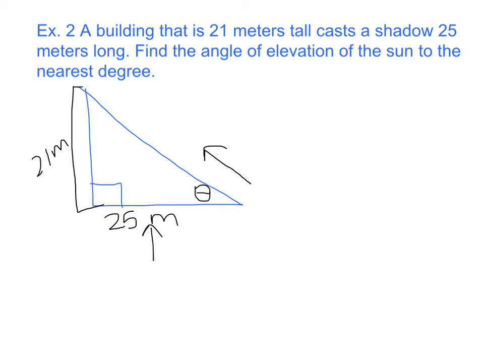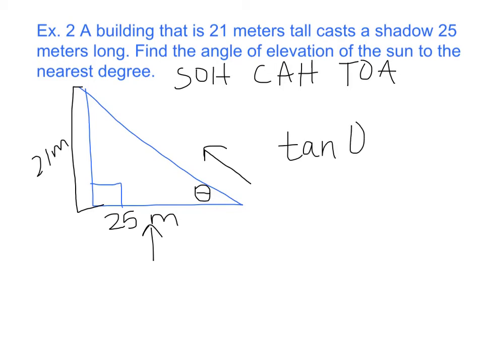So, thinking back to our ratio, we don't have the hypotenuse. So the only trig function that doesn't require the ratio of the hypotenuse is tangent. So we would do tangent theta equals opposite over adjacent. Now, if you remember from the previous section, when you have to find the angle, you're going to use the inverse key.